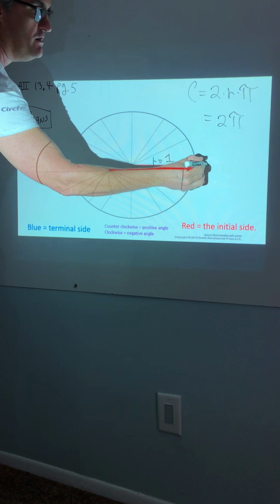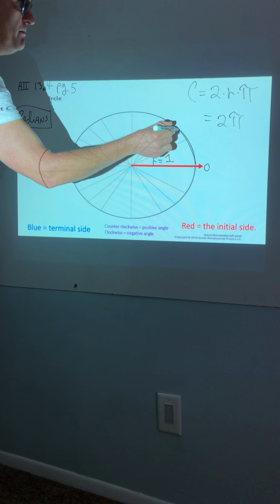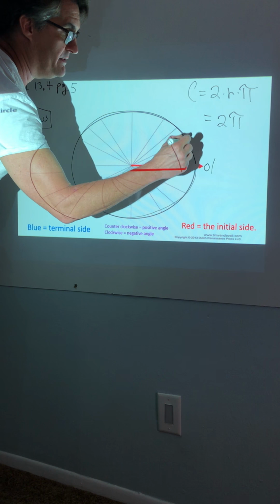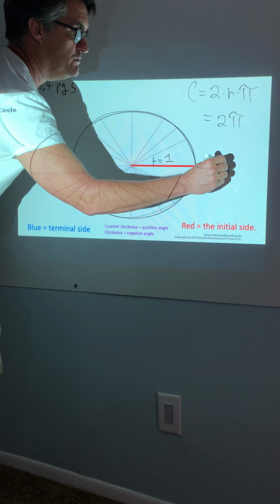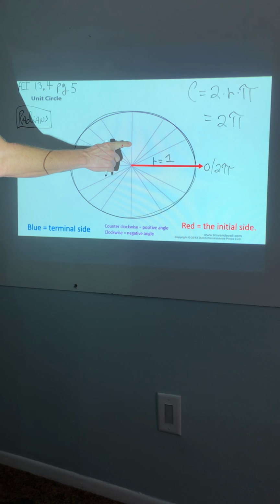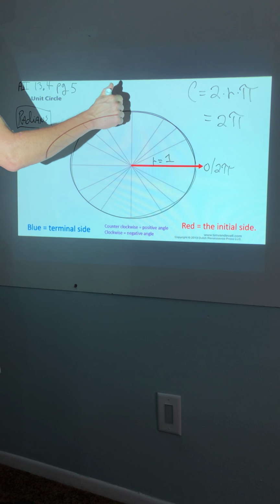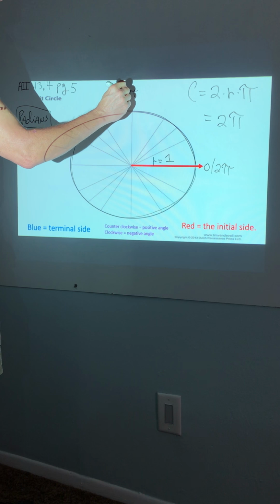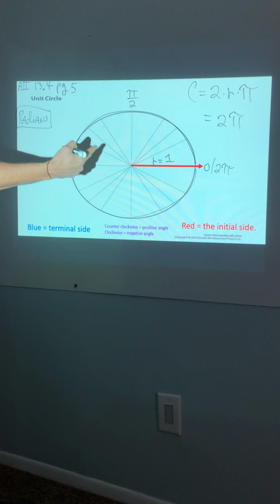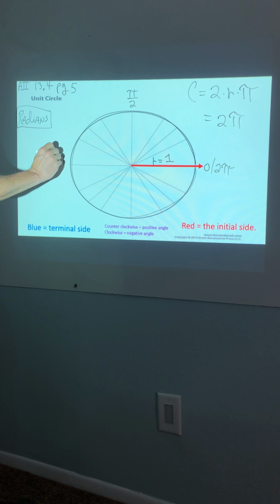So if I start here from 0 and do a complete rotation counterclockwise, that's going to be 2 pi. A quarter of the way will be pi over 2. Halfway is pi.